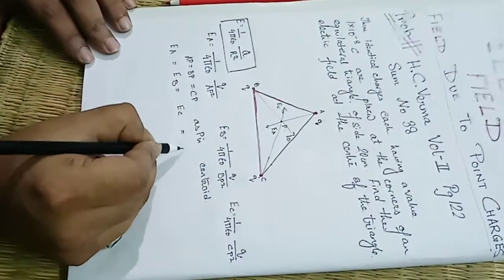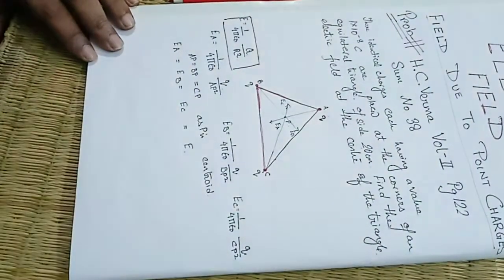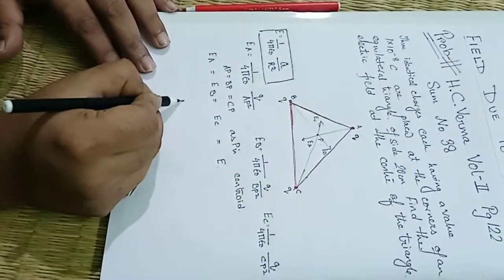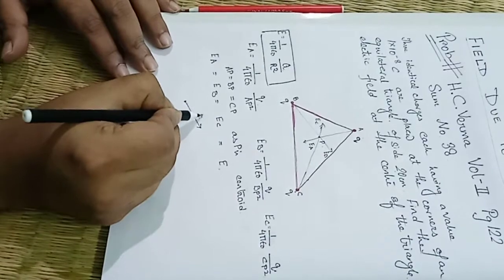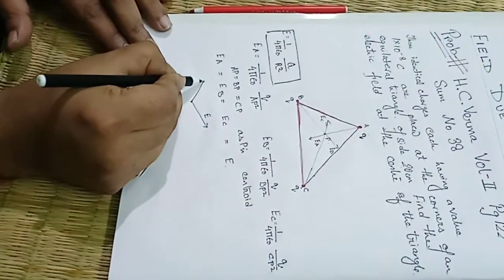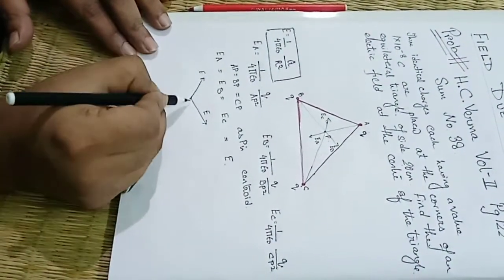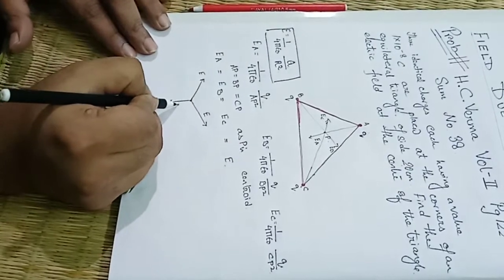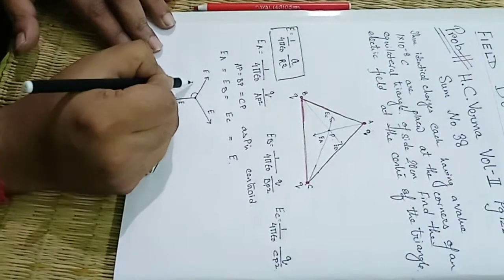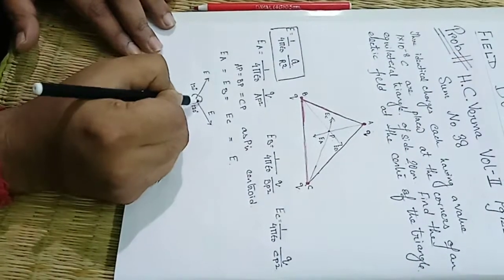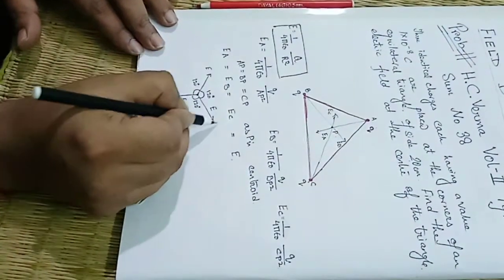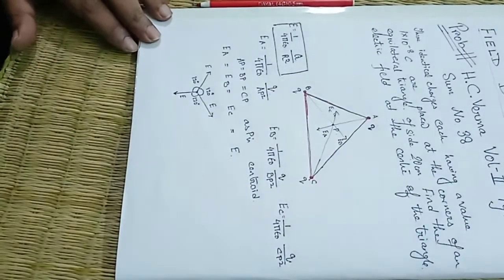Let it be E. So we get a picture like this, that three equal vectors are separated from each other by 120 degrees, and we have to find the net field of these three vectors E.